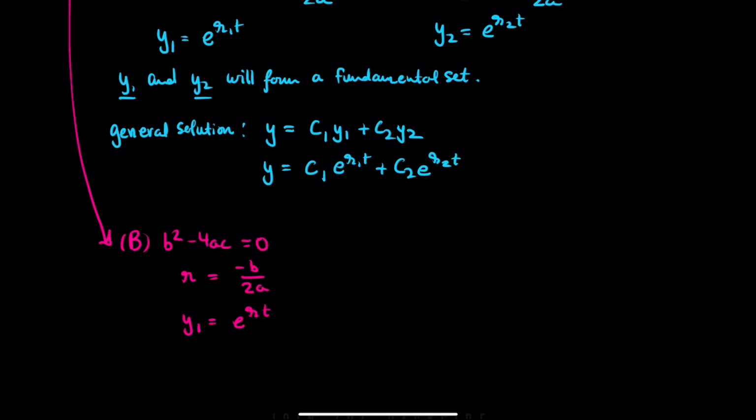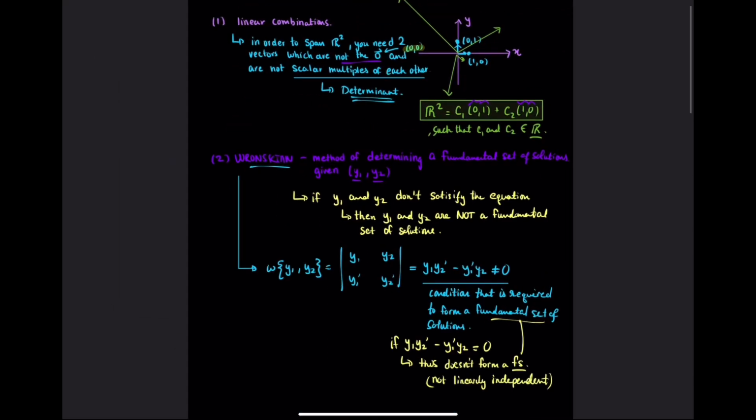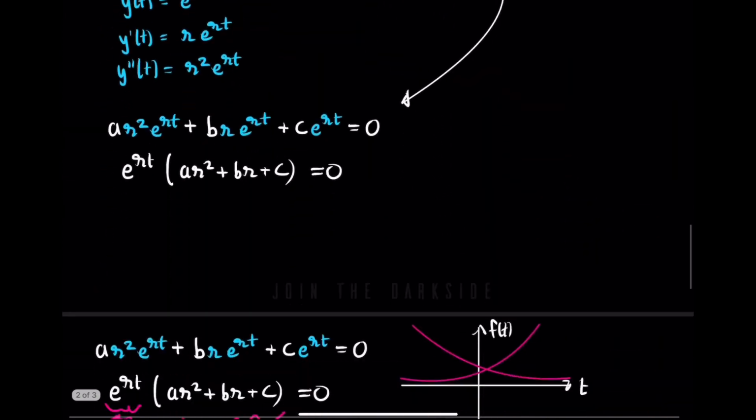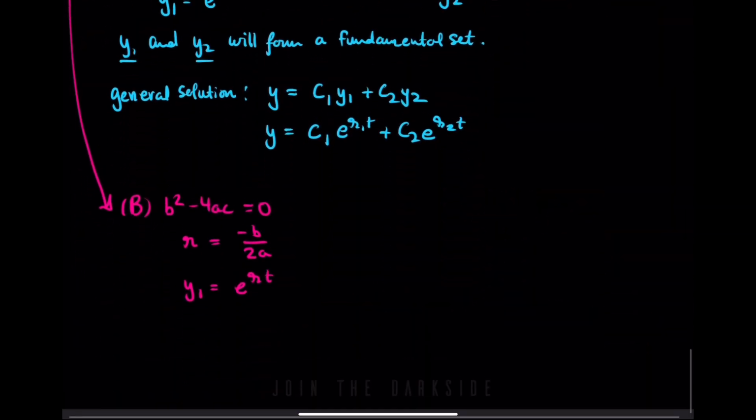But in order to have a general solution, remember what we said about linear combinations? You need to have two vectors where those two vectors are not scalar multiples of each other, and they're not the zero vector. This is a bit of a problem, because we're only really given one solution.